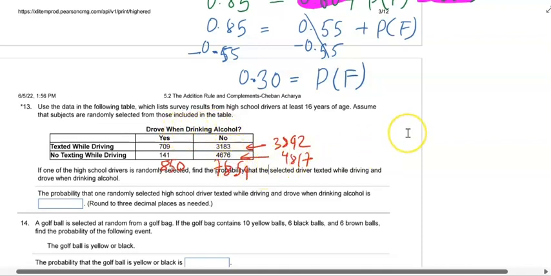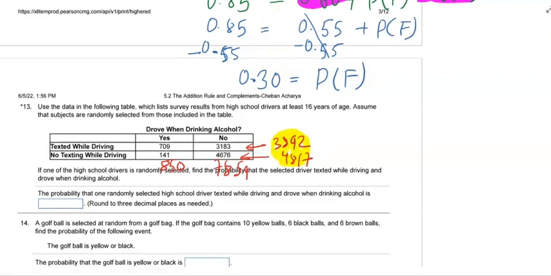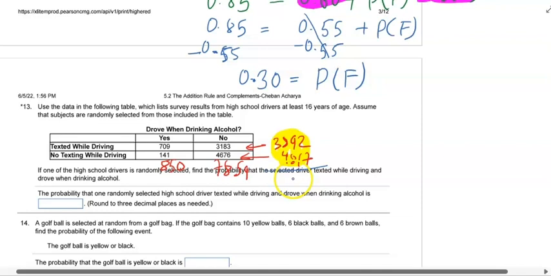And how many people in the survey? If you add these two numbers, you get 8709. Or if you add these two numbers, you get the same number. Therefore, the total number of people in the survey is 8709.